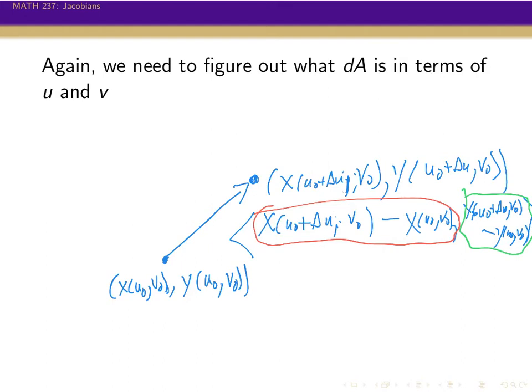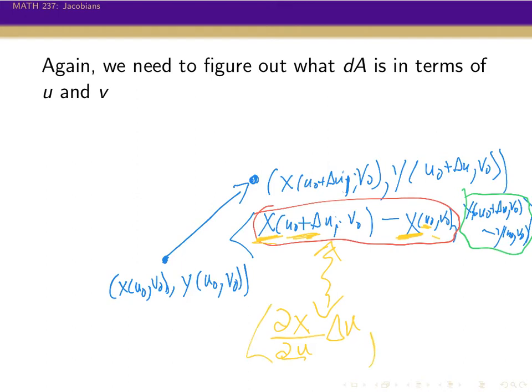So this right here we can think of as being the partial of x in terms of u. We know it's the partial of x because it's our x function, and we know it's in terms of u because we're just increasing u between them. Because there's no denominator there, we're multiplying by delta u to cancel off that denominator.